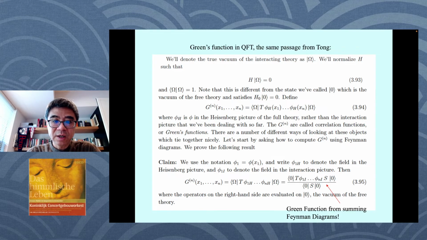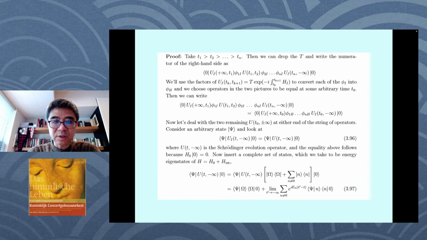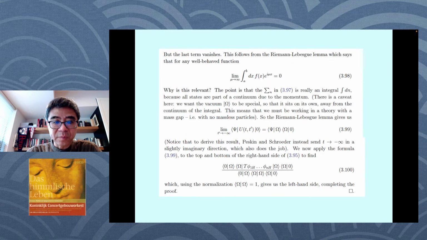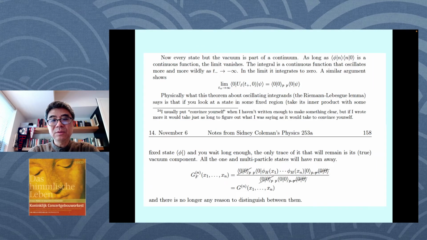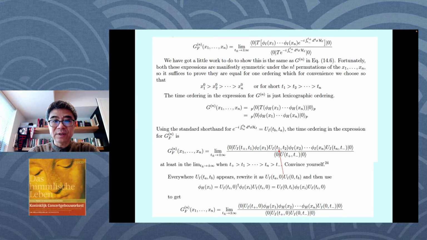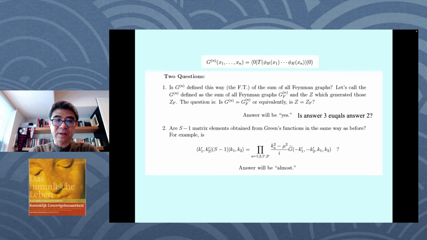You can check between these two explanations to get a deeper understanding. But you can see that actually they are exactly the same arguments. Okay. Now, so answer 2 and answer 3 are exactly the same.